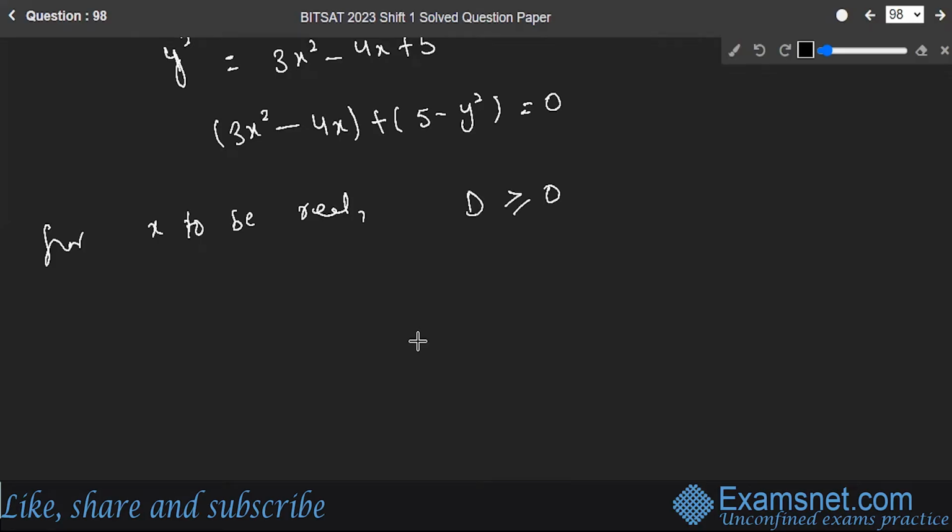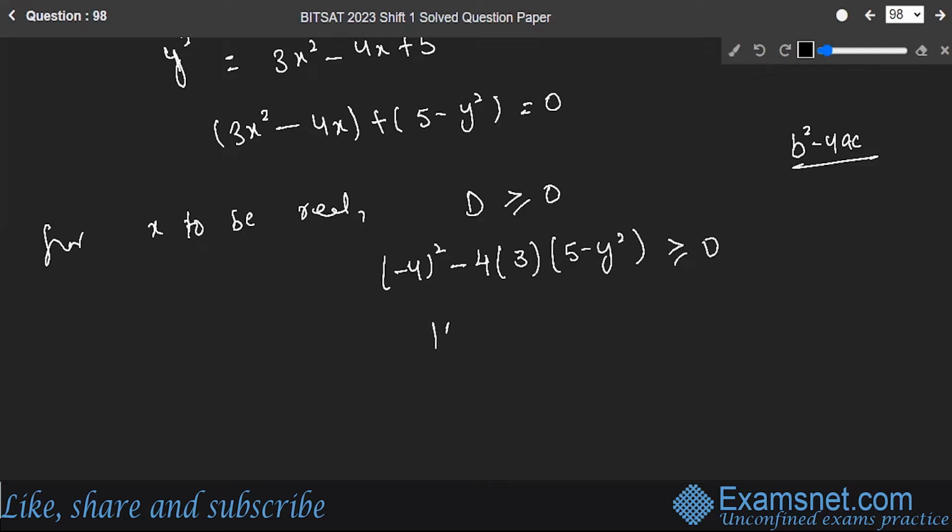And what is the discriminant over here? Discriminant is given by b square minus 4ac. So this is equal to (minus 4) square minus 4 into a, which is 3, and c is this. This should be greater than or equal to 0.